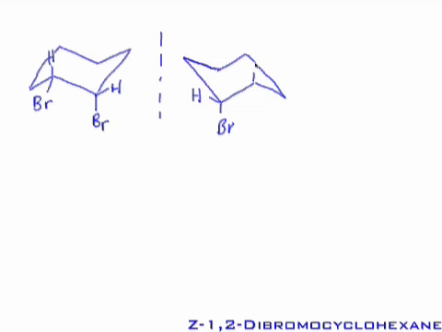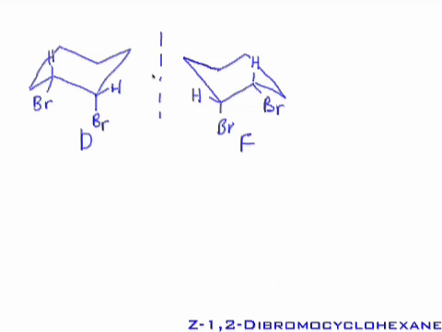It has an H here, and it has a Br that's equatorial. So these two are mirror images. I'm going to call these A, B, C, D, E, F. We'll call it D and F.